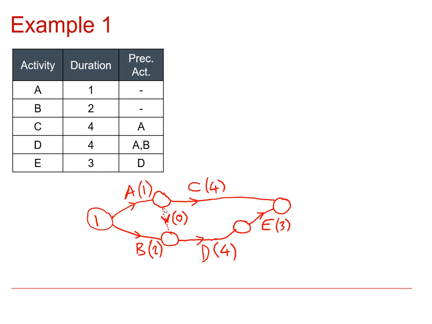Now we've not actually yet put numbers on these nodes. What is important is that the number of this one is lower than the number of this one, so that this dummy activity is going from a smaller number to a larger one. So this can have number 2, that can be 3, that's 4, and that's 5.